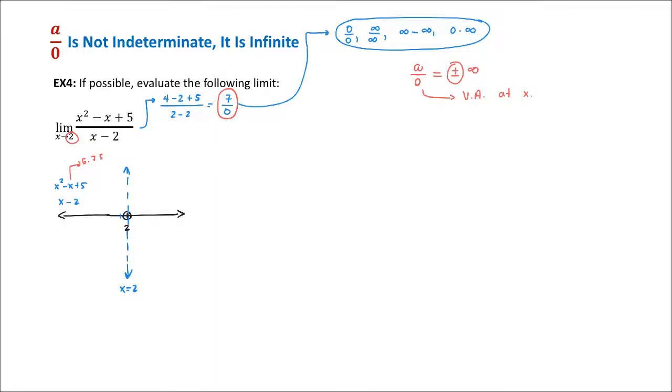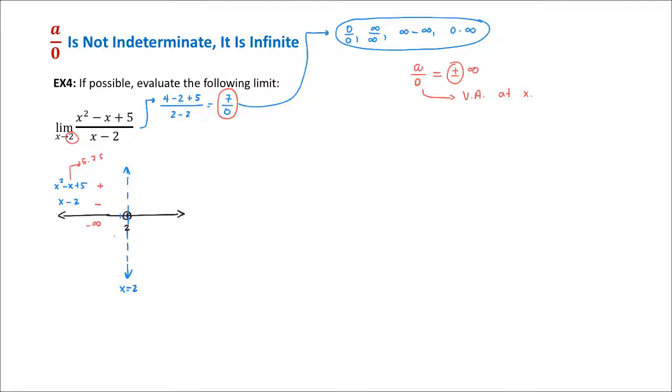That means the numerator is positive, and the denominator, 1.5 minus 2, is going to be negative. So we're going to get negative infinity. Why? Because a positive number divided by a negative number is negative.